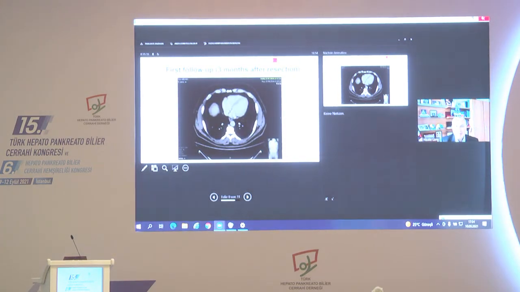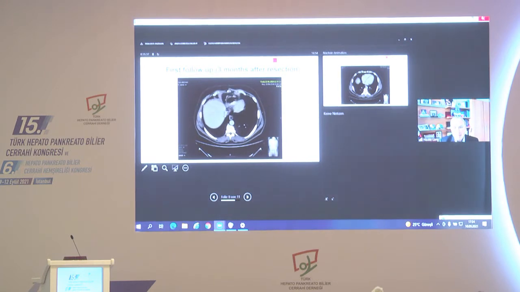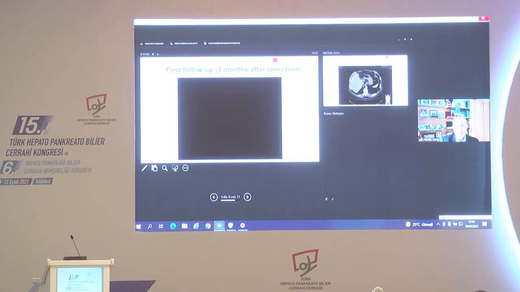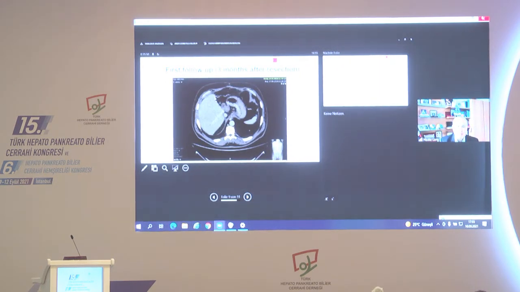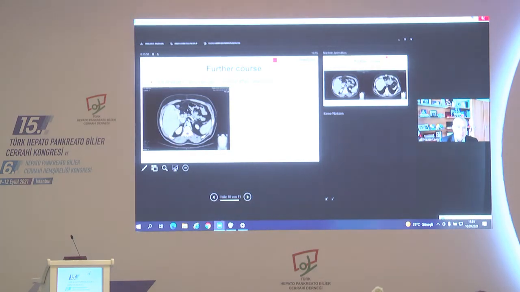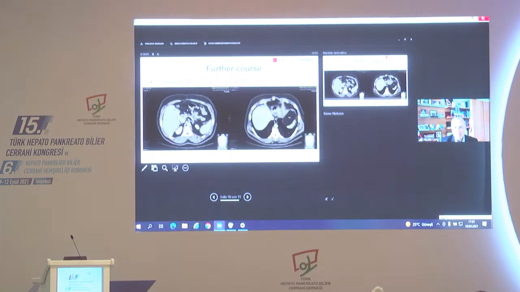This is the CT scan at 3 months. Everything is fine. The patient was fine. And this is the further course. The patient developed intrahepatic recurrence 7 months after resection. You see it here and here.